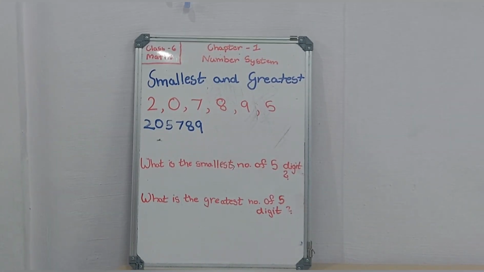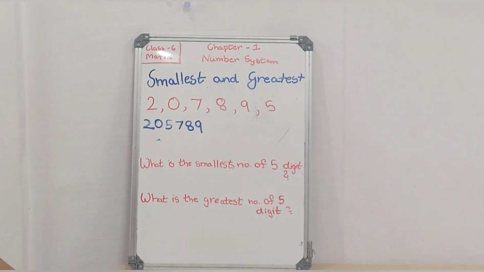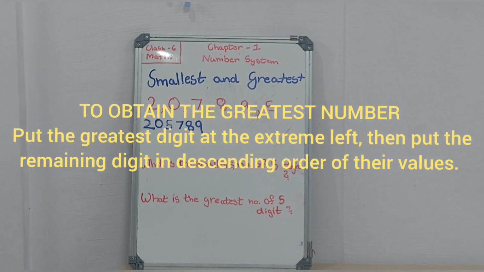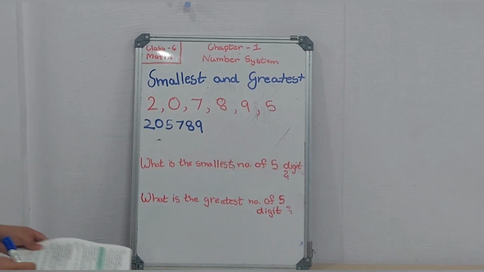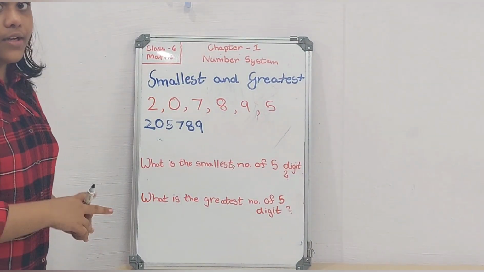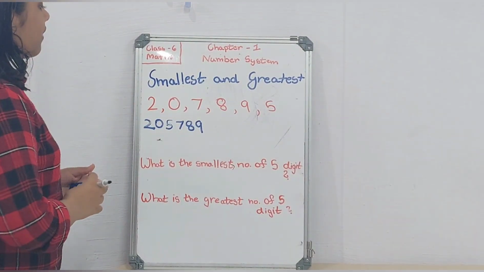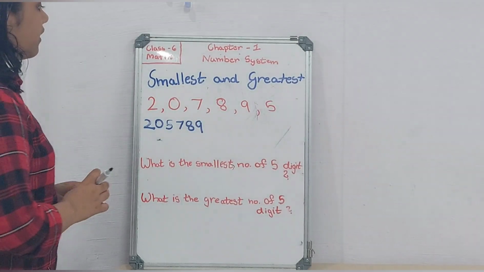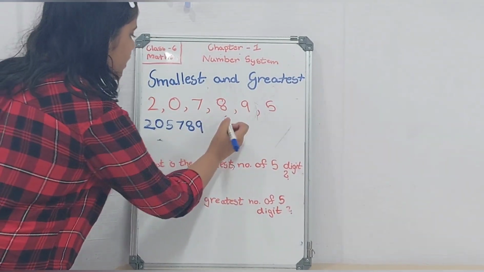Now let us see how to obtain the greatest number. To obtain the greatest number, put the greatest digit at the extreme left, then put the remaining digits in descending order of their values with 0 at the end. Over here we have to form the greatest number. So which is the greatest digit here? We have 9.